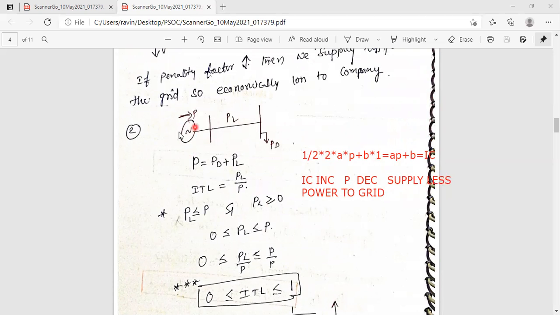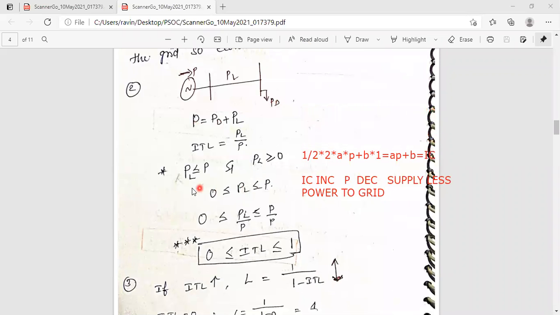So here is the load demand, and between them the power losses will be there. We are transmitting this power, where power is equal to power demand plus power loss. Then PL by P, the real power losses, and the real power must not vary beyond this limit.